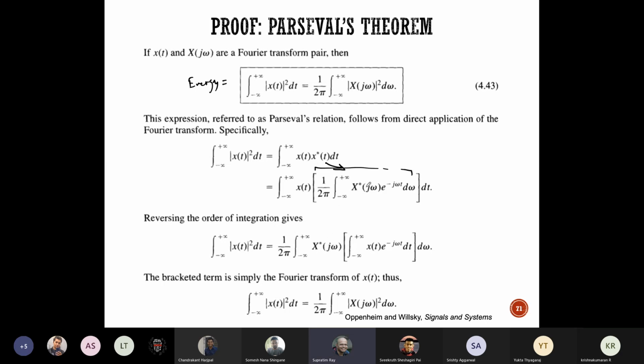Okay, and again I can take this out and integrate over t first, take everything that involves t here, and when I get those terms, e to the power minus j omega t and x(t) that comes here, this thing is just now X(j omega).